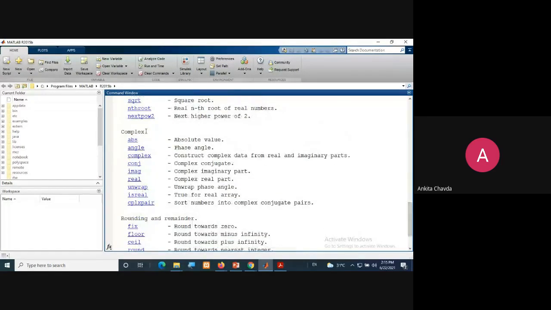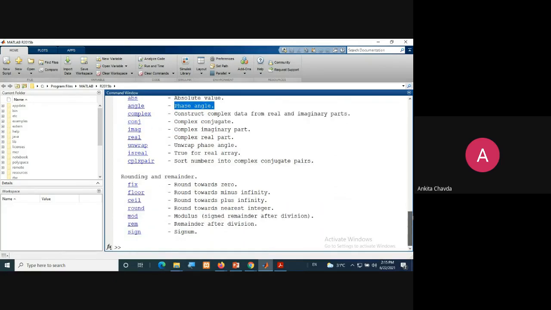Then you have the complex functions, like abs, which gives the absolute value, and angle, which is for the angle of the complex number. Complex constructs complex data from the real and imaginary parts. Then imag is for the imaginary part and real for the real part. Then the rounding and remainder functions: fix, floor, ceil, round, mod, rem. So many functions will show up. These are the elementary functions.